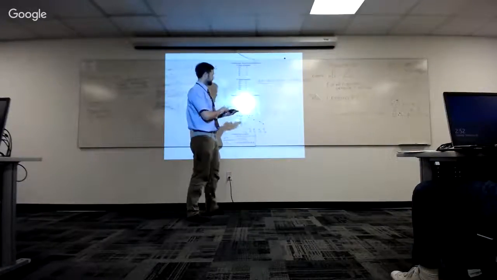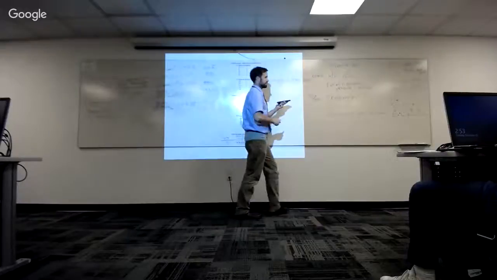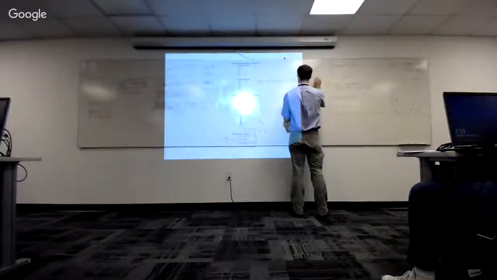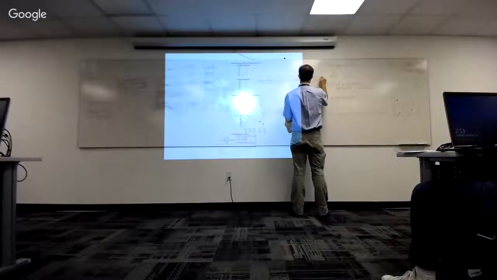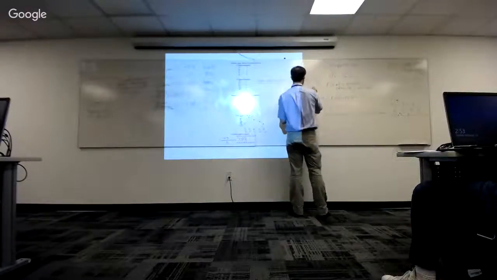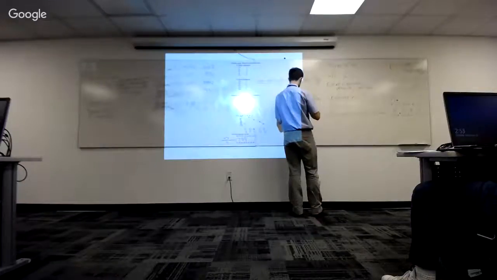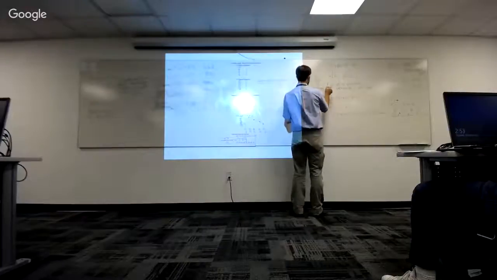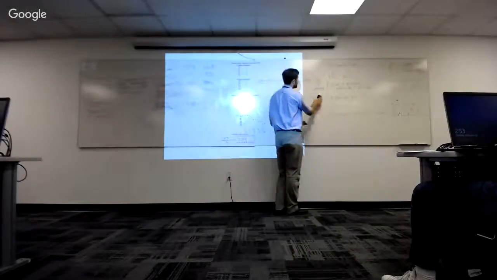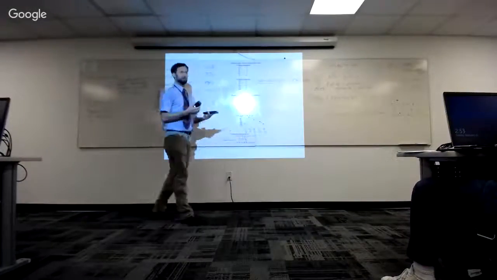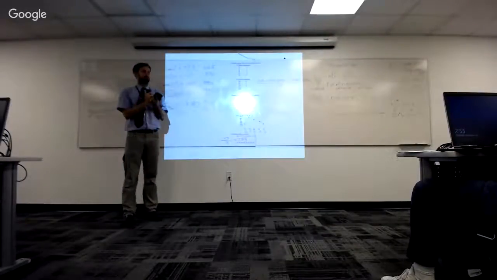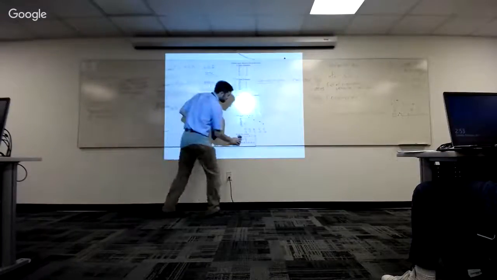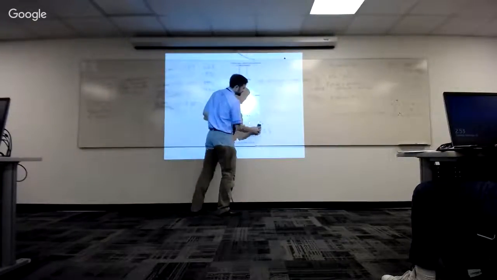And I got 4663 all over 18, which is 259.05 repeating. Did anyone else confirm that answer? Oh, goody. Thanks, Michelle. All right, so that is how you would find the mean of grouped data.